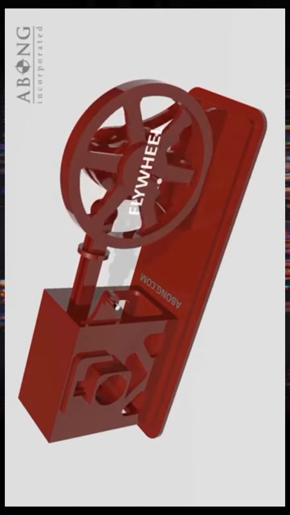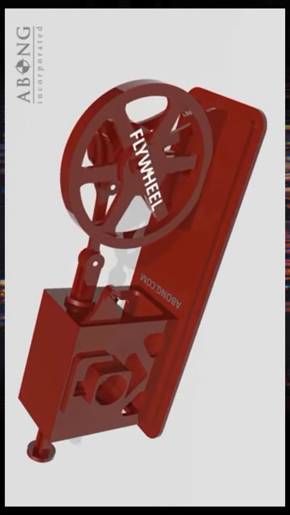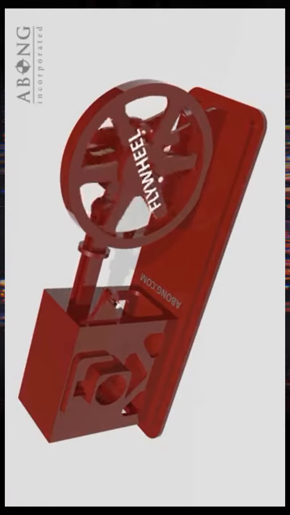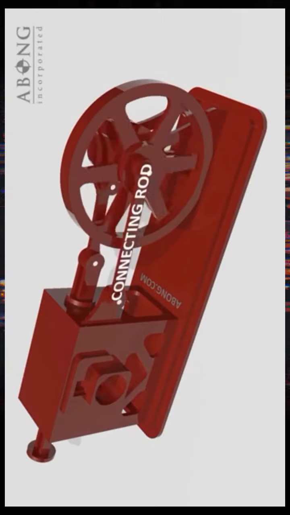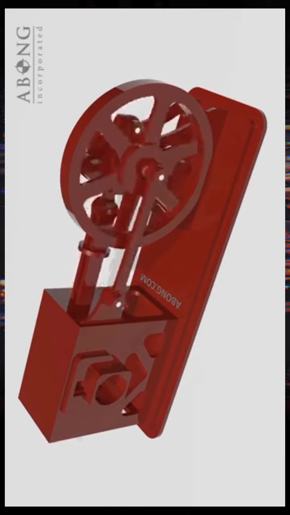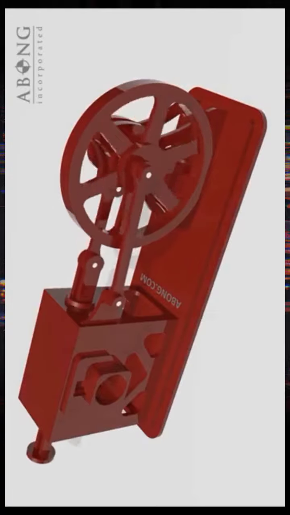The flywheel's momentum carries the piston past the dead centers so that steam can once again enter the chamber and move the piston through the rest of its power stroke. Finally, a connecting rod links the rotating shaft to the sliding valve, keeping it perfectly synchronized with the piston. These are the essential components of a double-acting engine.